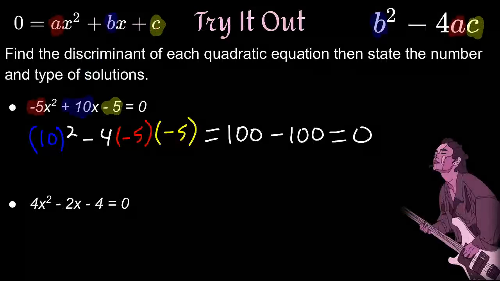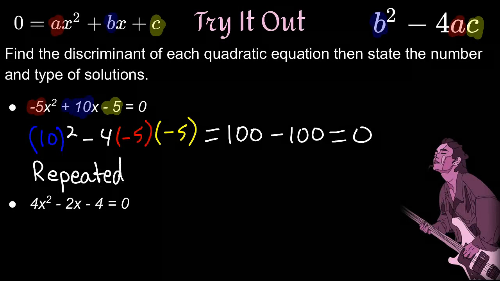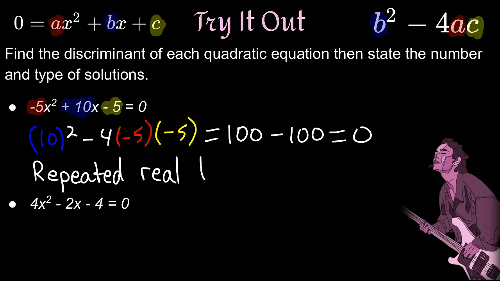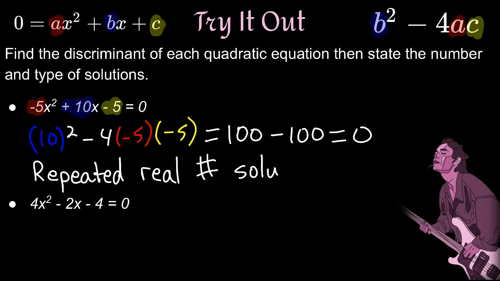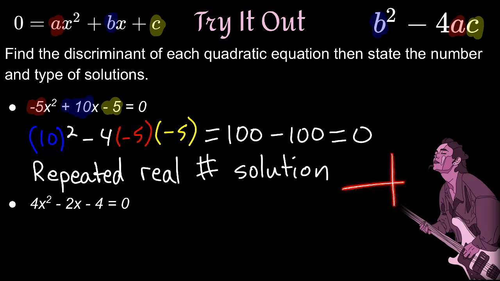So here, this is a repeated real number solution. And it doesn't ask this, but that means that the parabola will bounce off of the x-axis somehow. I'm not saying how it's going to bounce, whether it's up or down, but it's going to bounce somehow, somewhere. We would have to do the entire quadratic formula to determine that.